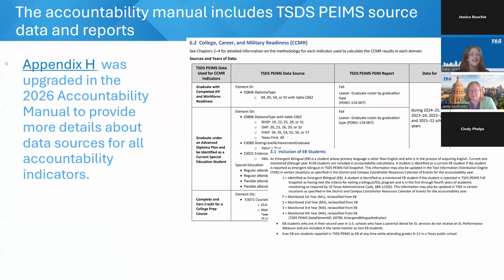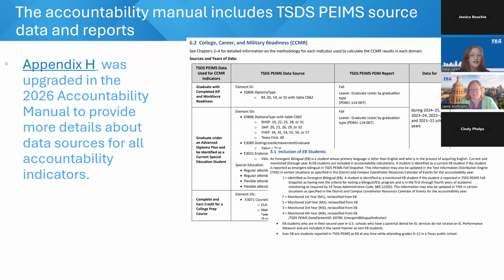Appendix H was upgraded for this year's accountability system manual, and it has a really high level of detail available to you, including the elements that need to be accurate and the reports that you can run to ensure those elements are reflected accurately in your submission. Jamie will be talking a lot about those reports today and how you can use them to make any changes that you need to make before the resubmission closes on the 15th.